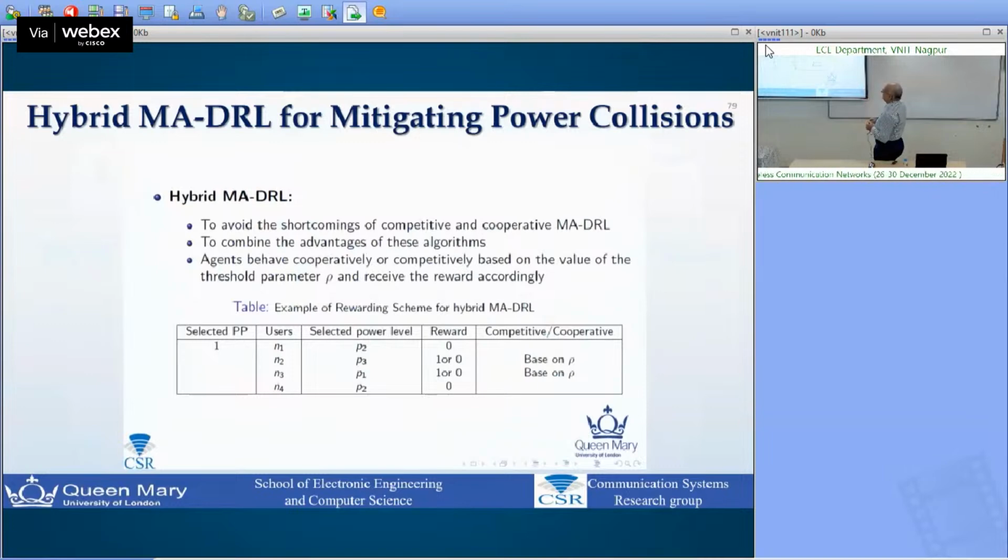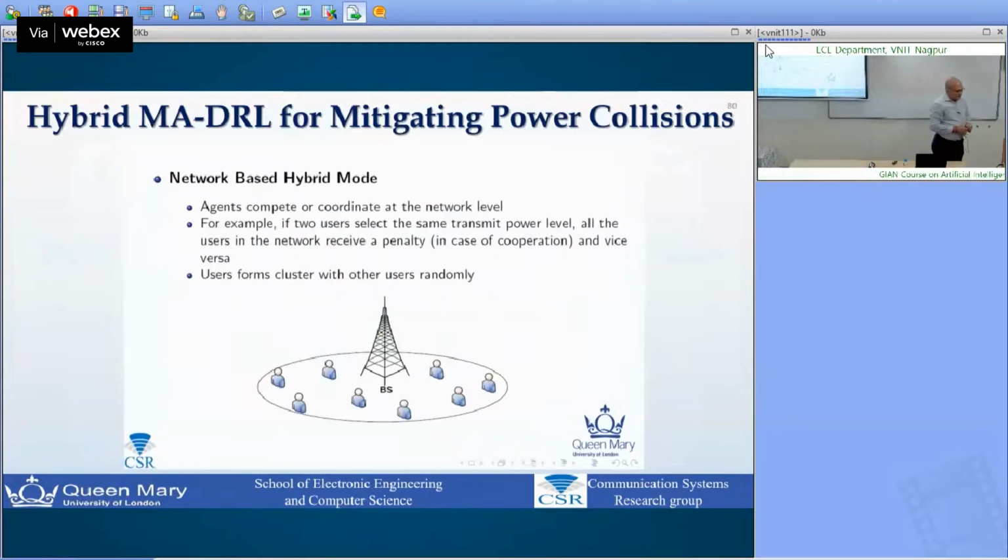Agents behave cooperatively or competitively based on a threshold draw, the hybrid one. So now we are going to take the scenario.